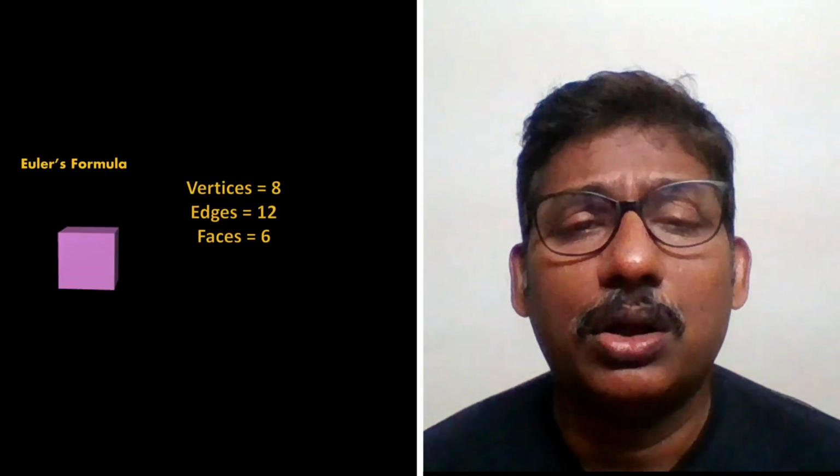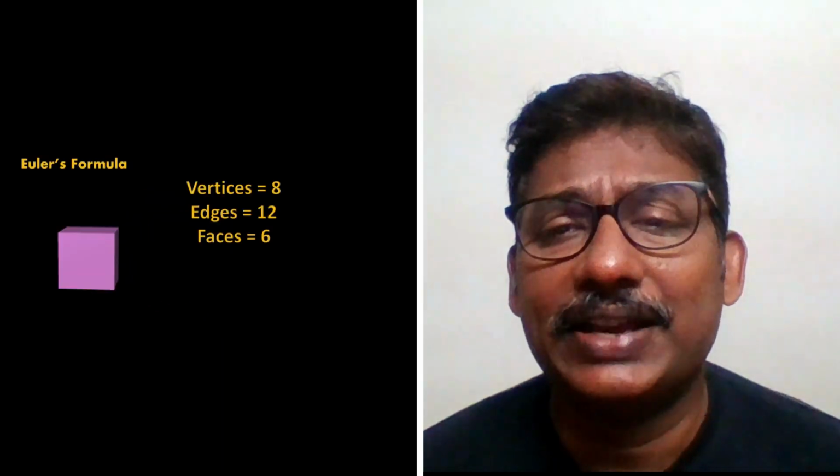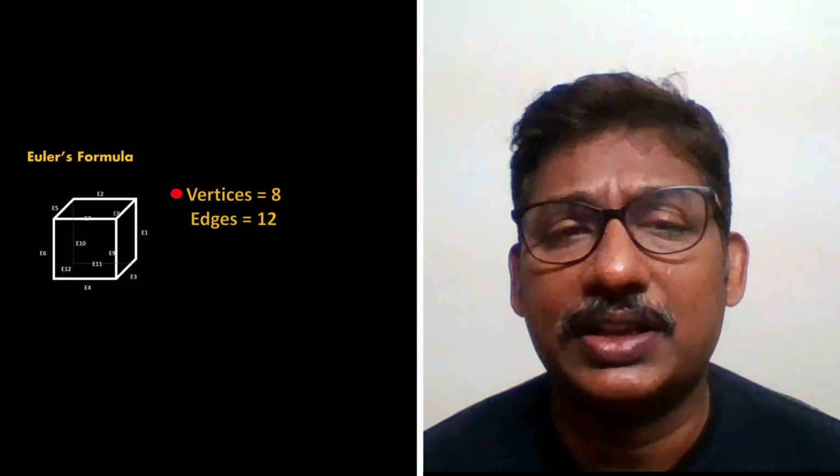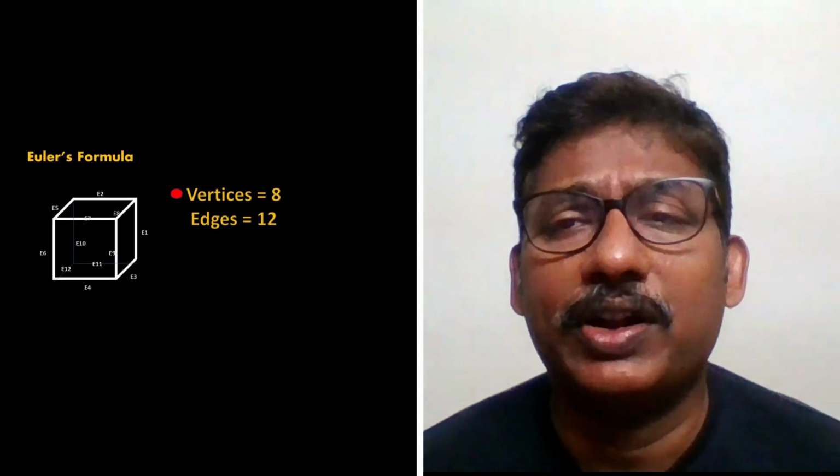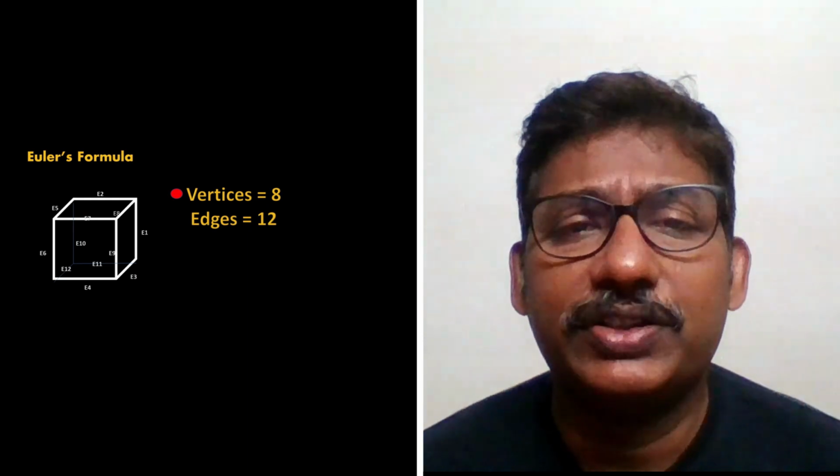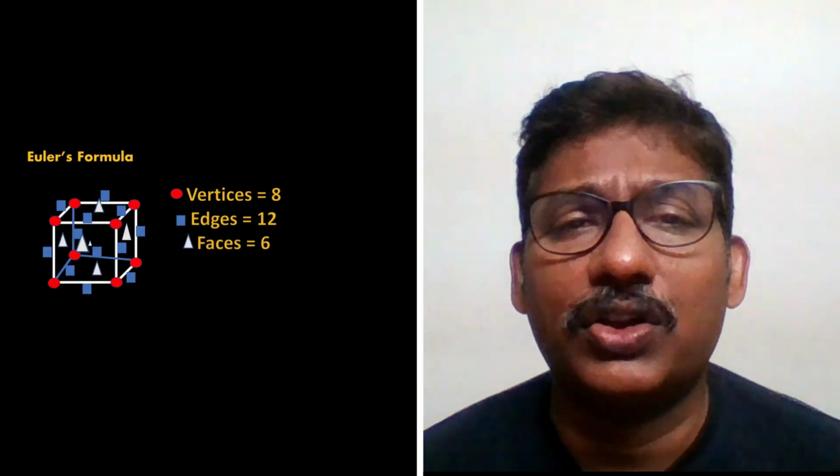So totally there are 6 faces for a cube or cuboid. So the vertices, edges and faces we have to calculate: the vertices are 8, edges are 12 and faces are 6.